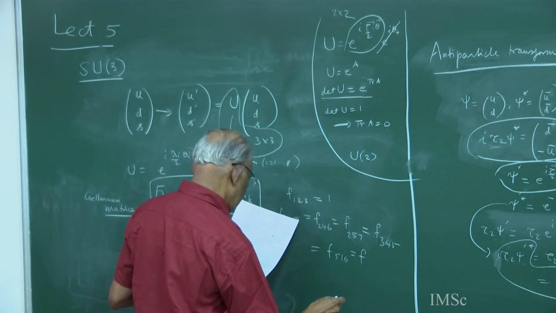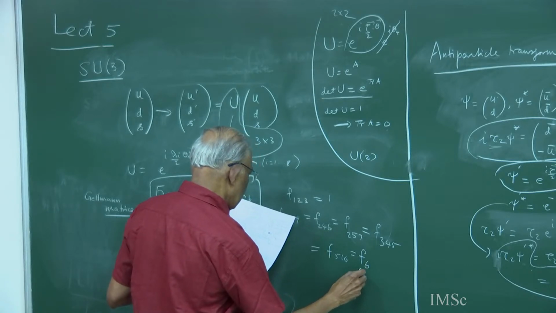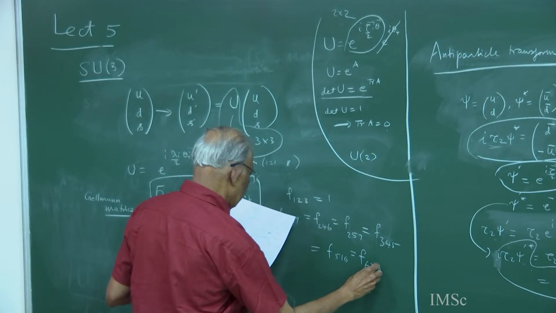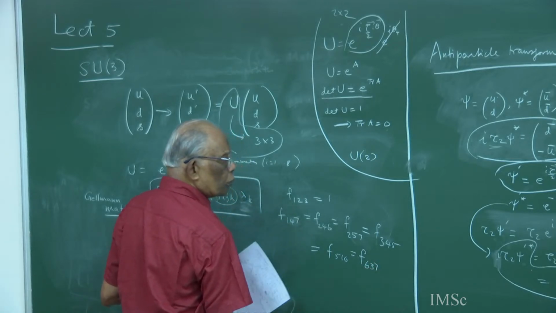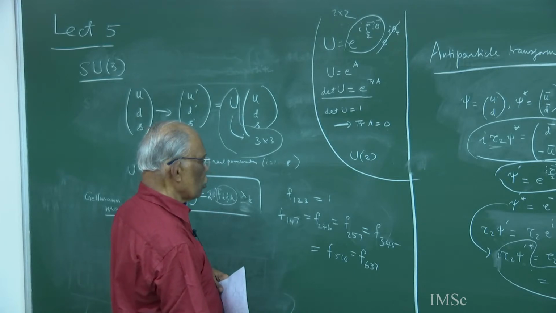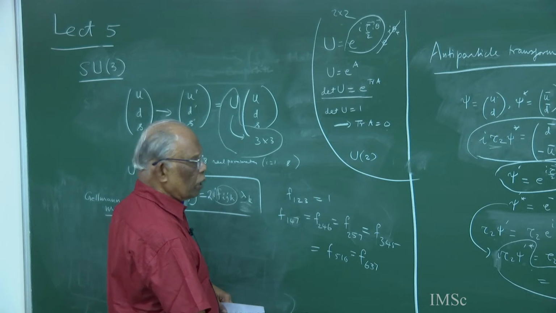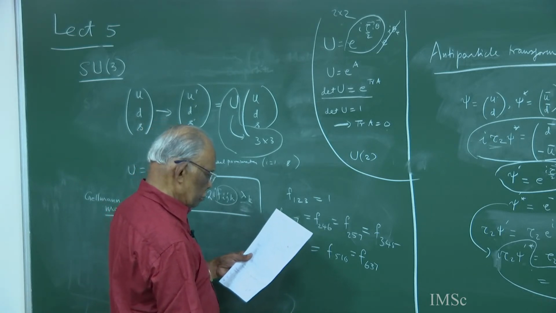If you cannot copy here, you can take it from any book in particle physics, or the Particle Data Group information. I hope you have gone to Google to look for it, Particle Data Group. That will give a small essay on SU3 with all this information.